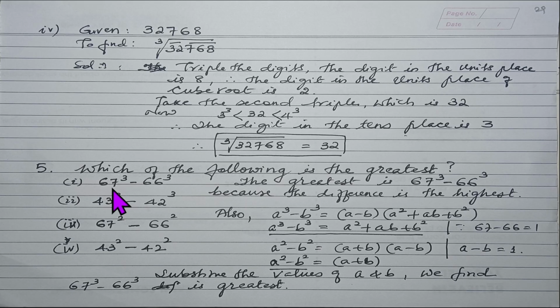But comparing these two, 67 square plus 67 into 66 plus 66 square, definitely this value will be much bigger than 43 and 42. Therefore 67 cube minus 66 cube is the greatest value amongst all the four. So try to apply these algebraic relations to understand the thing. Otherwise, by inspection itself, it's very clear 67 cube minus 66 cube is the greatest.